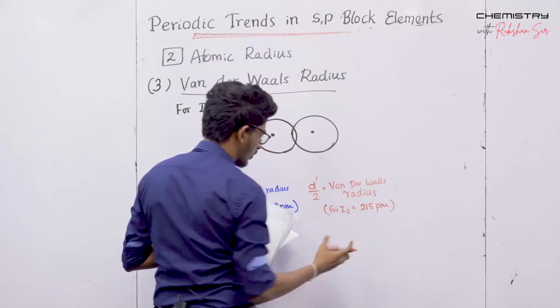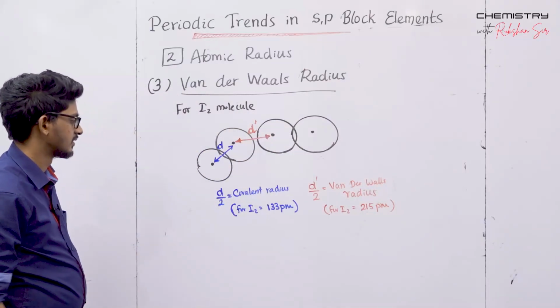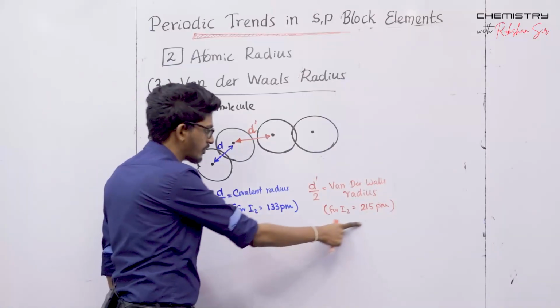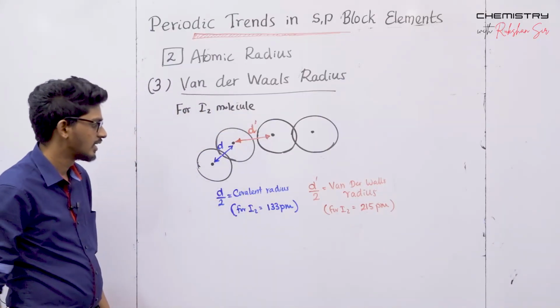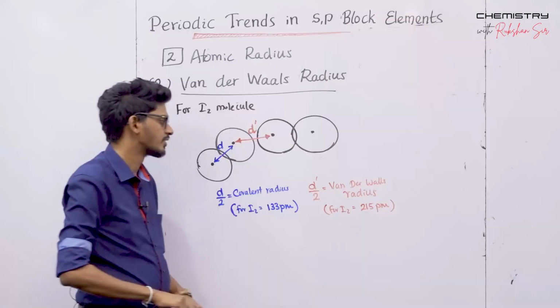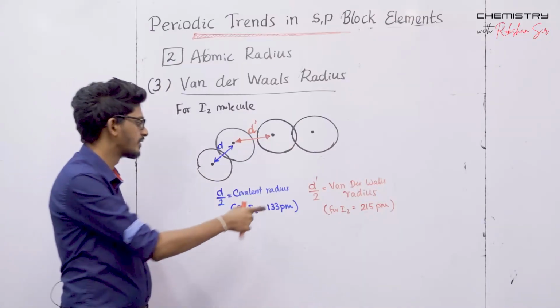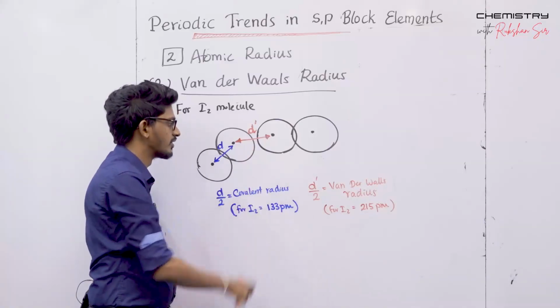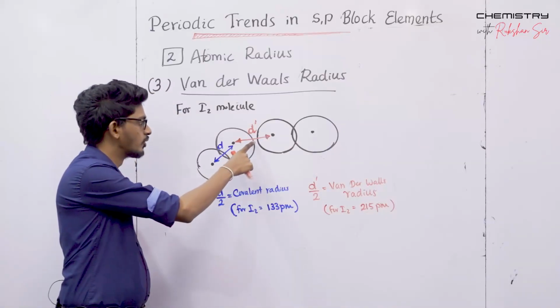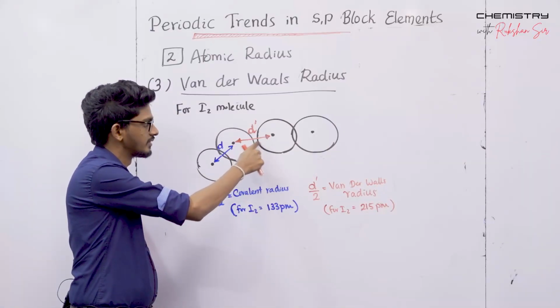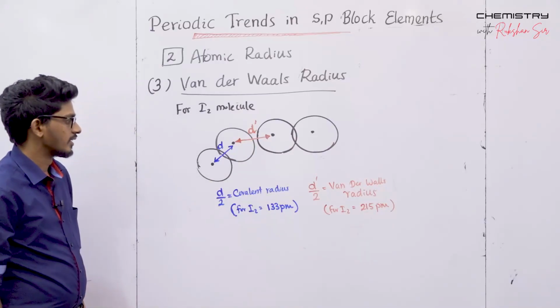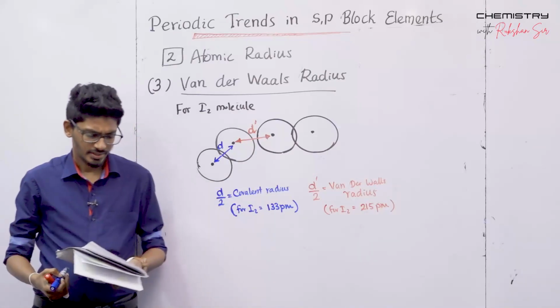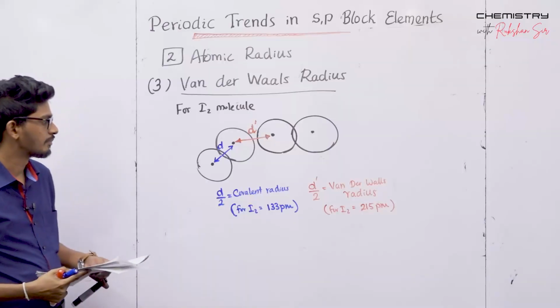So some greater difference is there between the values. Just for the comparison, I have given the values. No need to memorize these values. Always the covalent radius is smaller than the Van der Waals radius, which is a kind of non-bonded radius. You don't have a bond between the two atoms here. That is all about the concept of non-bonded radius.